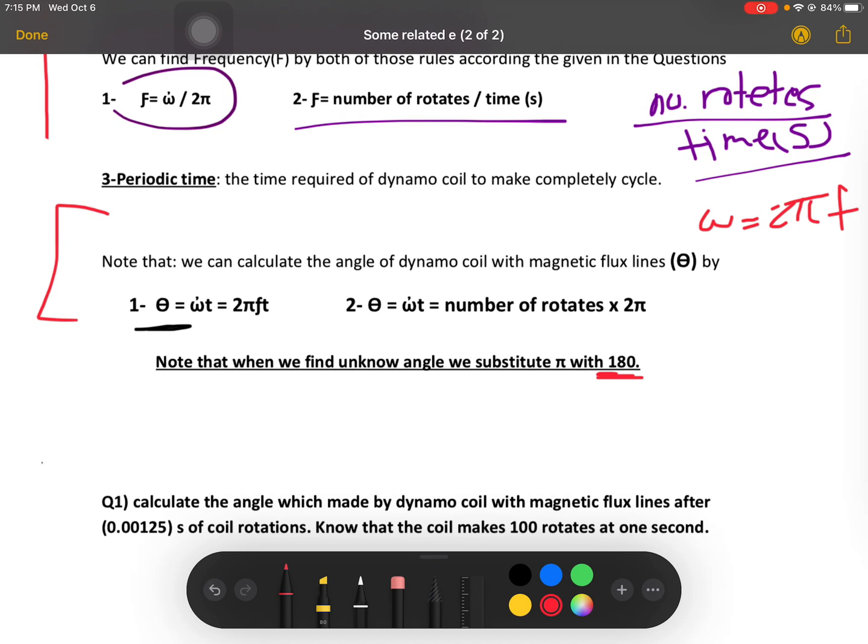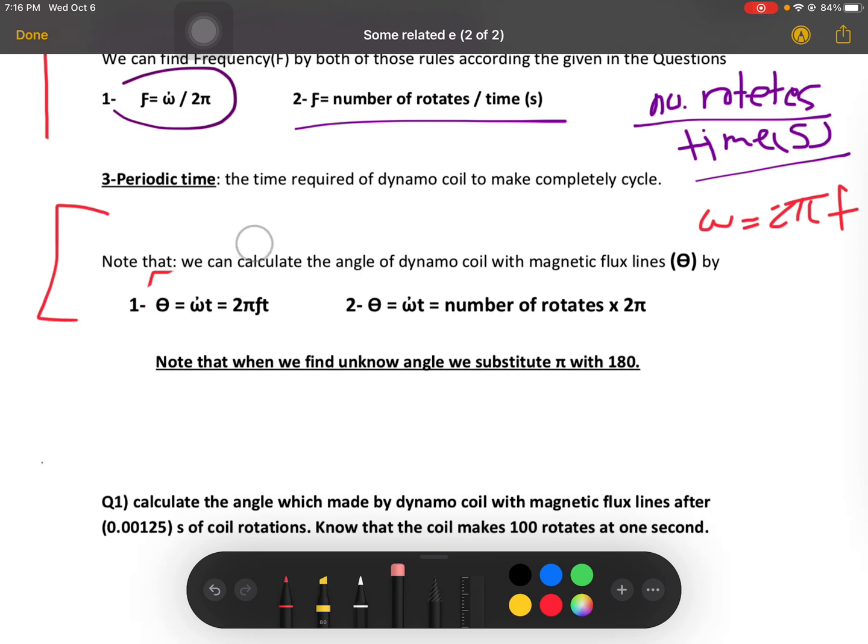Because we're looking for an angle, and if we need to find the angle, we have to substitute pi with 180. Anything that is not an angle, you substitute pi with 22 over 7. We just use 180 with angles, when the angle is the unknown value, as we will see in the next example.